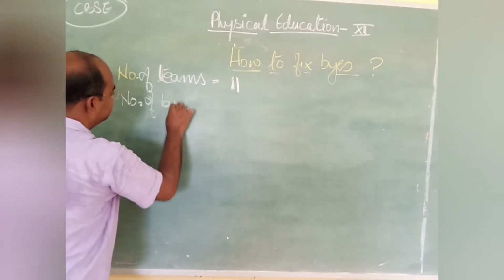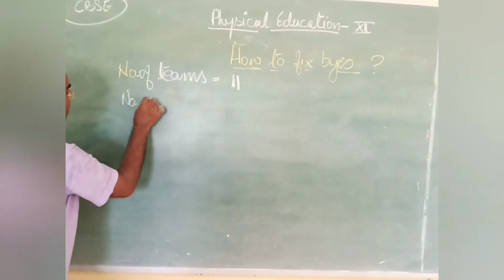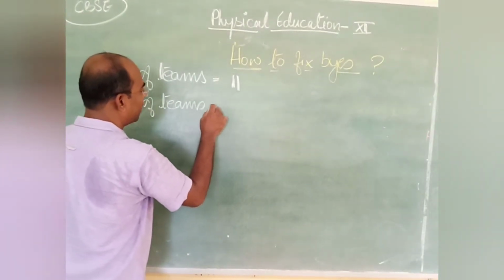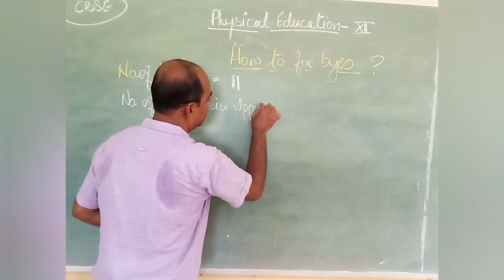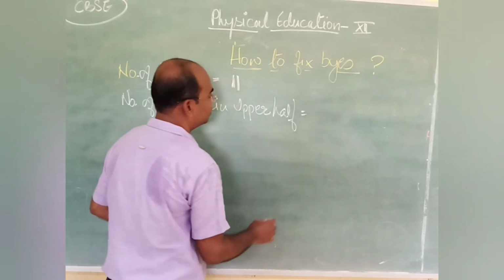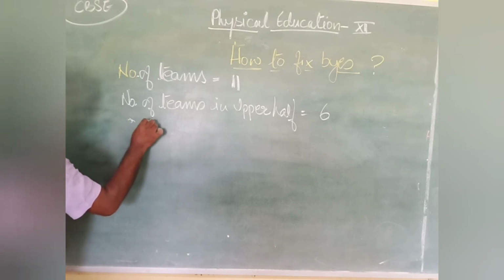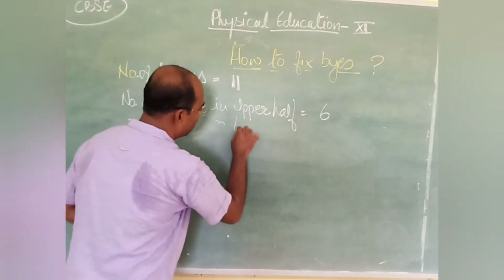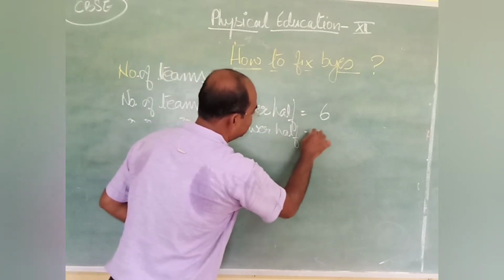Number of teams in upper half is equal to 6, number of teams in lower half is equal to 5.